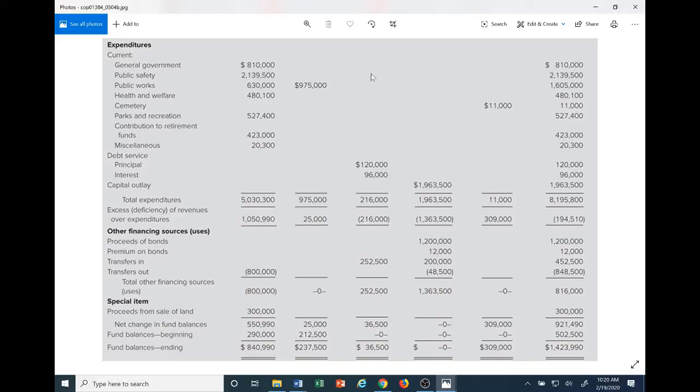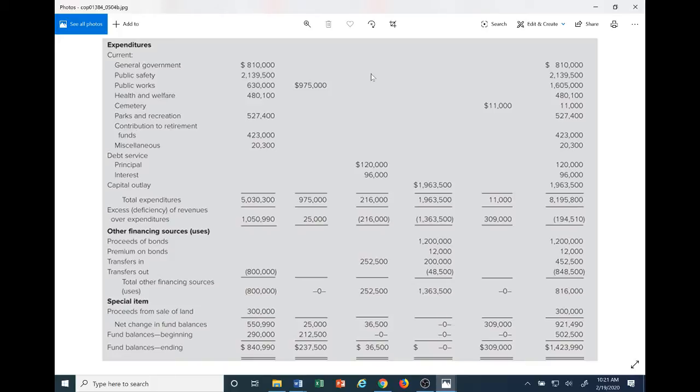So let's take a look at what items we have here for the Village of Riverside. We have proceeds of bonds. Remember, we were working on that. What fund was that? I forgot what that last fund was, cemetery or whatever it was. We borrowed $12 million in bonds. I can't tell which fund this was in, but anyway, other financing source.